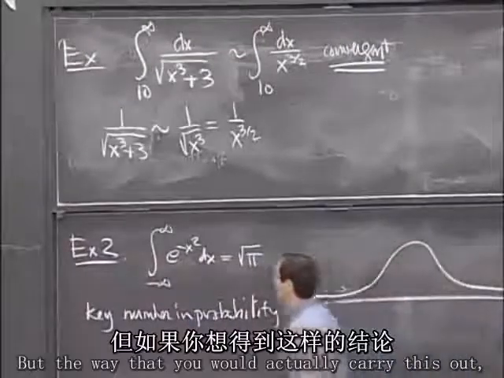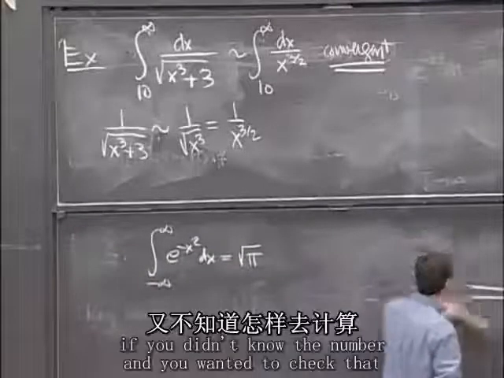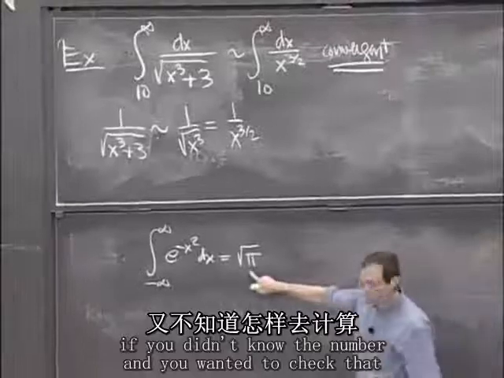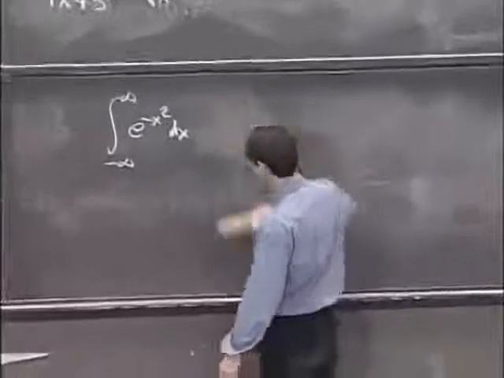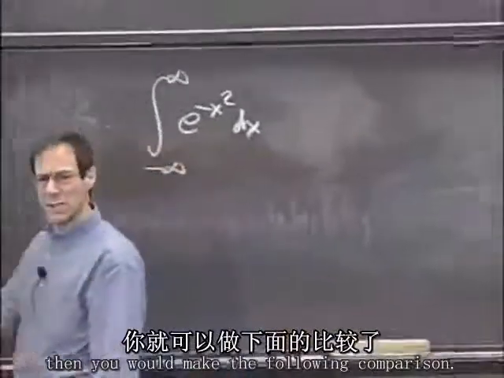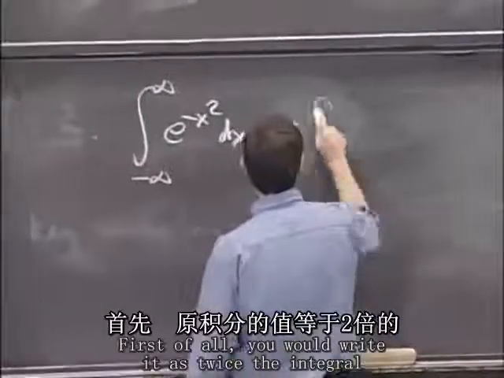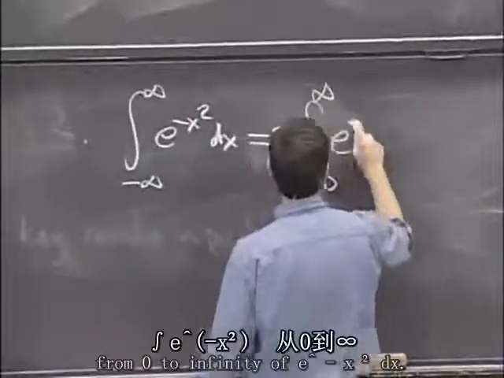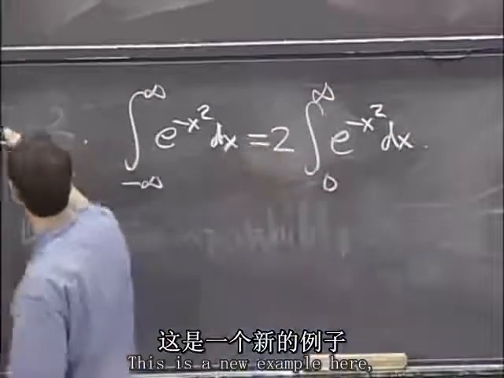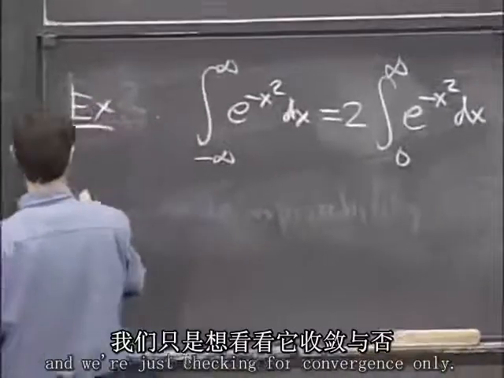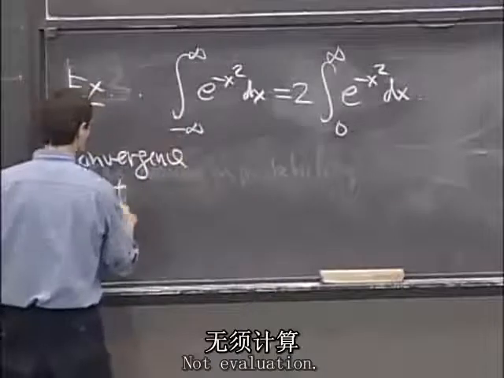But the way that you would actually carry this out, if you didn't know the number and you wanted to check that this integral were finite, then you would make the following comparison. This one is not so difficult. First of all, you would write it as twice the integral from 0 to infinity of e to the minus x squared dx. So this is a new example here, and we're just checking for convergence only, not evaluation.